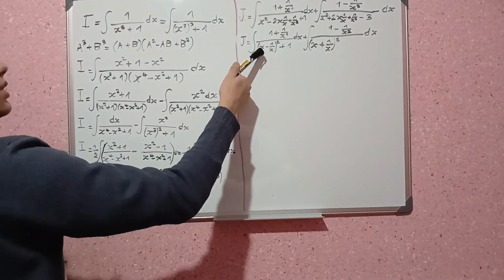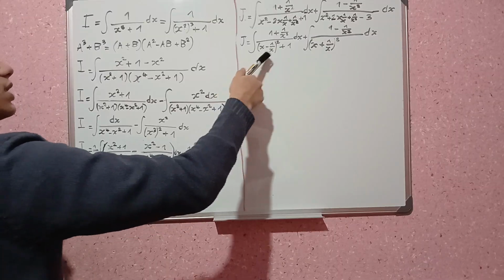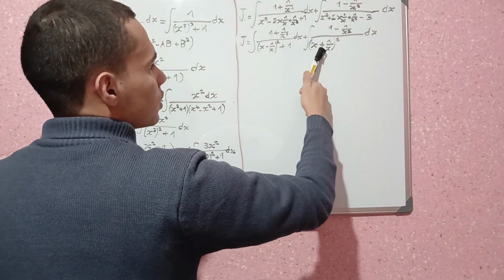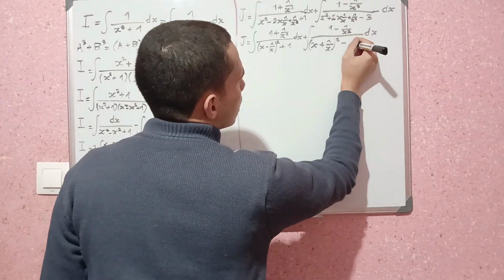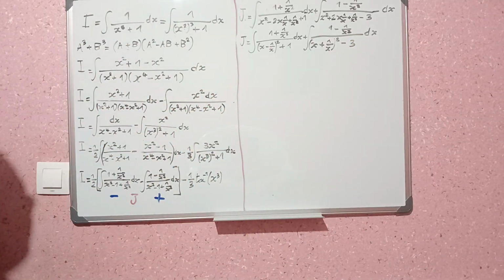Here we see that the derivative of this is the same as that, and the derivative of this is the same as that. So minus 3, like that.